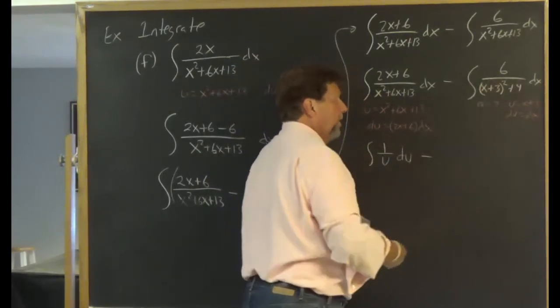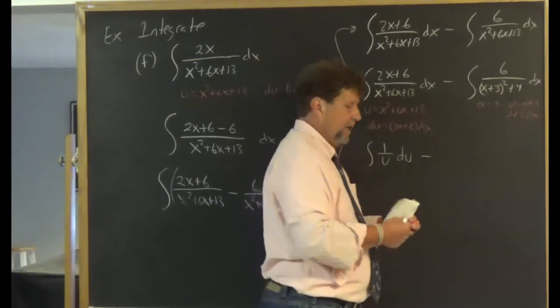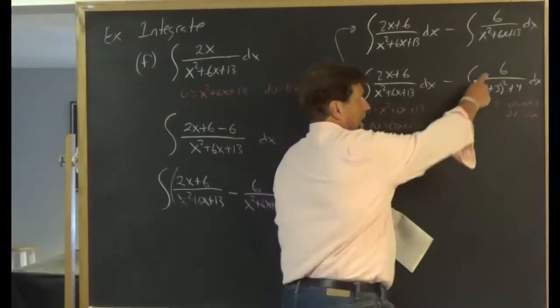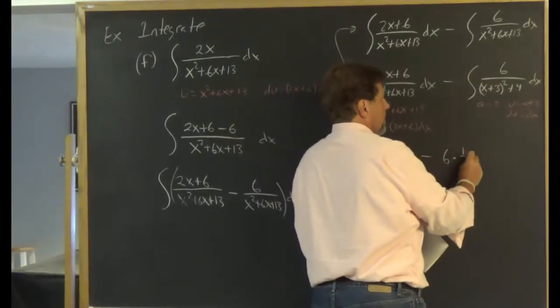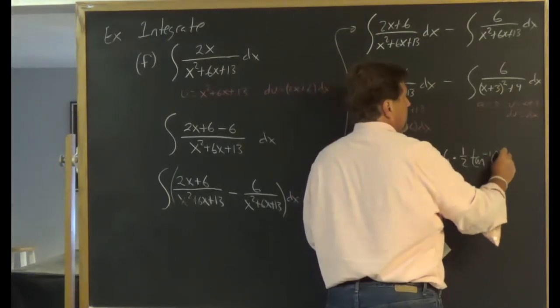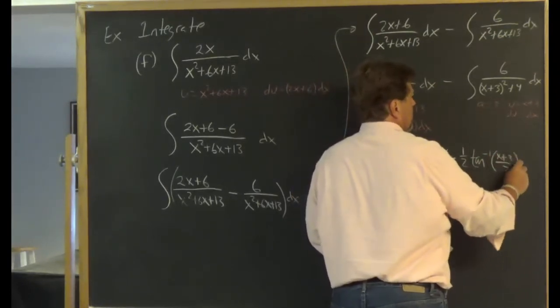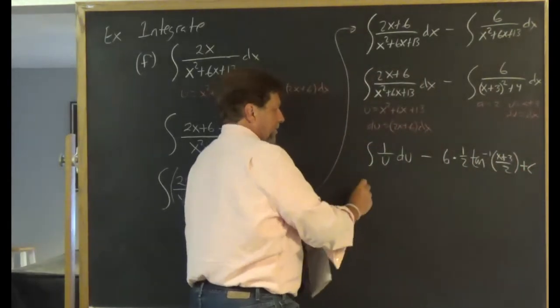And here we know that has the structure of kicking out inverse tangent. So remember, it's going to kick out, well, we have a 6 times 1 over a, inverse tangent, u over a. Here we know what the antiderivative of 1 over u is.